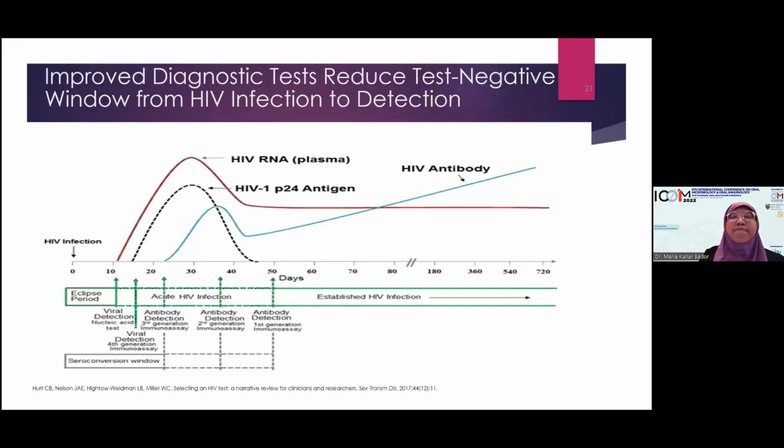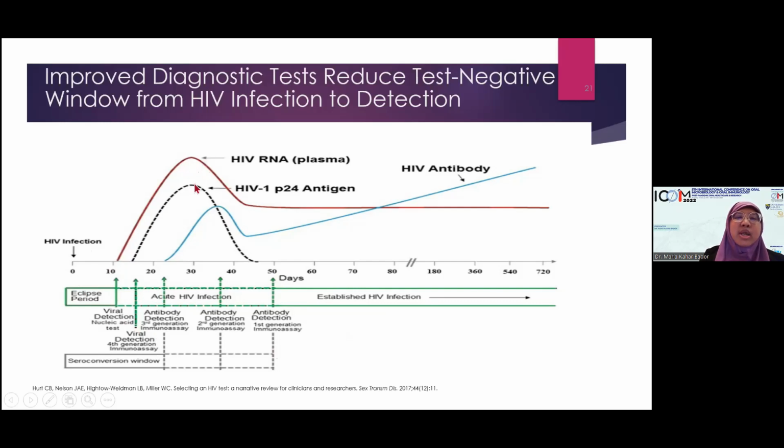Okay, so just very quickly to remind ourselves about the serology profile of HIV, because it actually determines our diagnostic algorithm. When you have the HIV infection, there is an eclipse period of about 10 days when you can't detect even with your viral RNA.